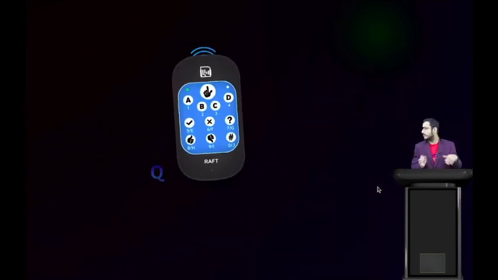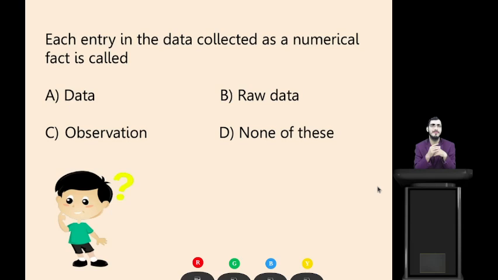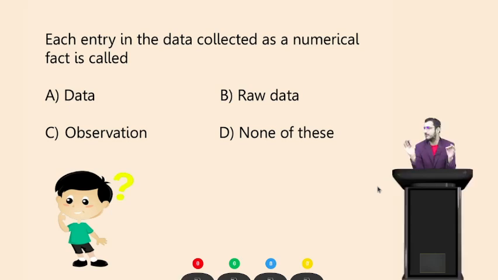Okay students, now it's question time. I have a question for you. Each entry in the data collected as a numerical fact is called, and I am giving you 30 seconds. Which option is correct here? Option A data, option B raw data, option C observation, and option D none of these.